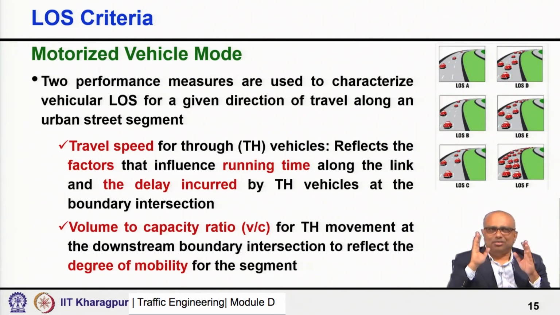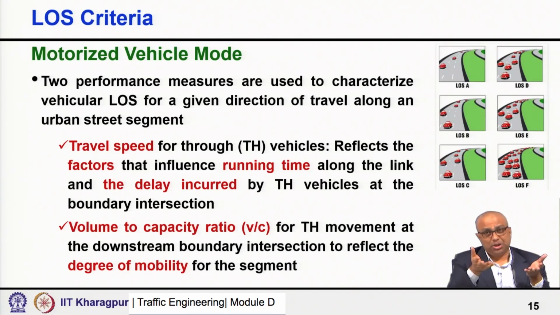One is travel speed for through vehicles, because it is the segment and the through vehicle is the primary focus. Why are we interested in through vehicle travel speed? Because it reflects the factors that influence the running time along the link and the delay incurred by through vehicles at the boundary intersections.